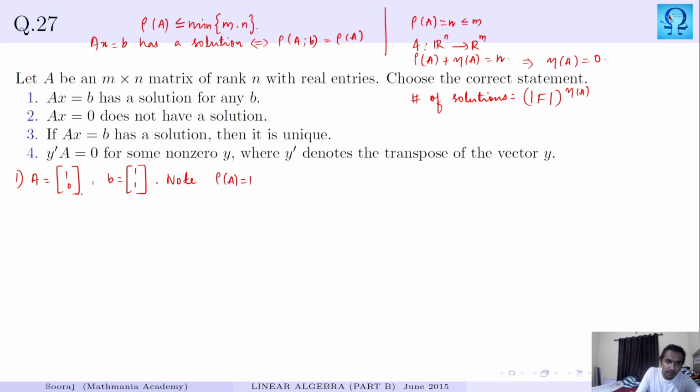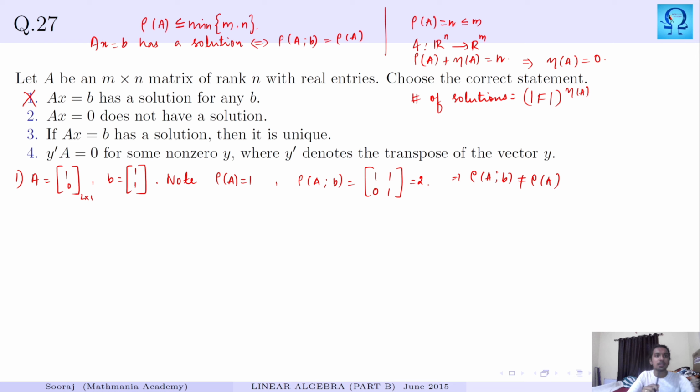This is a matrix of order 2 by 1. And my rank of [A|B], that is, the matrix with rows 1 1 and 0 1, the rank is 2. Therefore rank of [A|B] is not equal to rank of A. Hence this is a wrong answer.